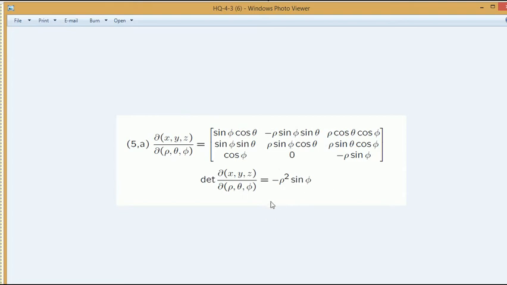rho squared sine phi. And I was explaining in the study group message that the negative was caused by this weird thing about phi. When phi equals 0, you go to the top of the positive z coordinate. When phi is pi, z corresponds to the negative coordinate, right? So it's kind of a little disorientation. So that causes the negative. But if you just swap the order of the variables, instead of having this column over there and this column over here, that changes the sign of the determinant, so it puts it back in the right orientation.